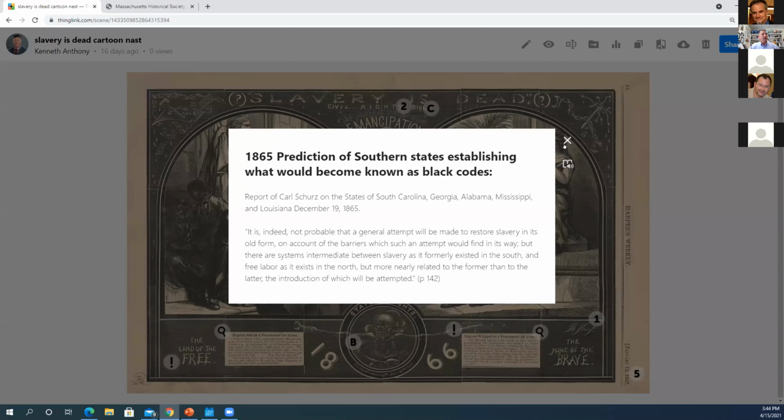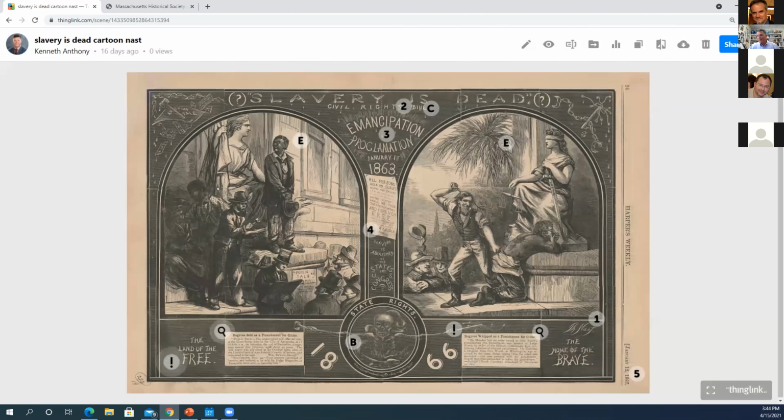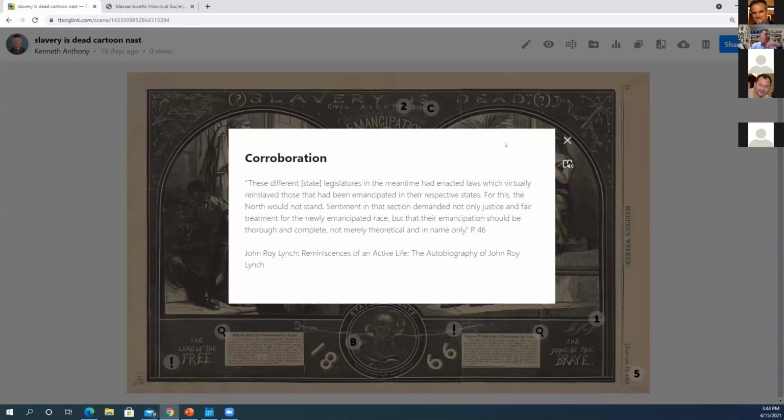And so this isn't just Thomas Nast's idea. This isn't just one thing. This is a man who traveled through all the Deep South states and saw this. Or we can talk to John Roy Lynch, where he says that the legislature started passing these laws which virtually re-enslave those who'd been emancipated.